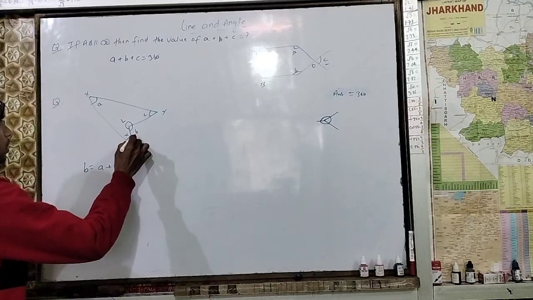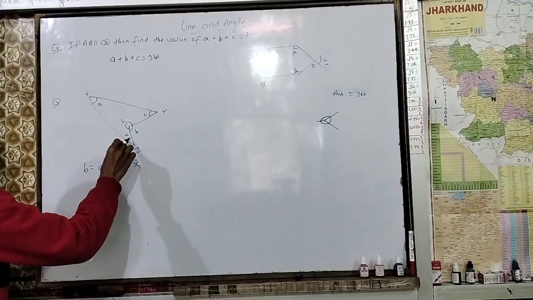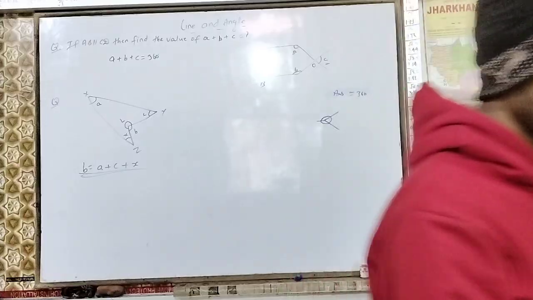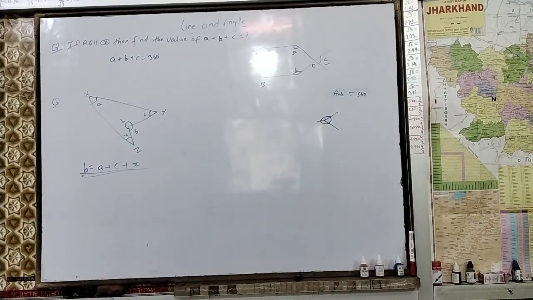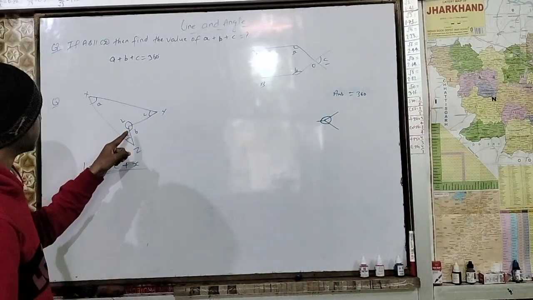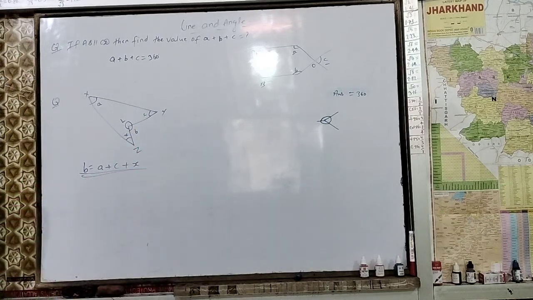This B is equal to A, C, and X. It's not X, Y, Z. It's not a triangle.